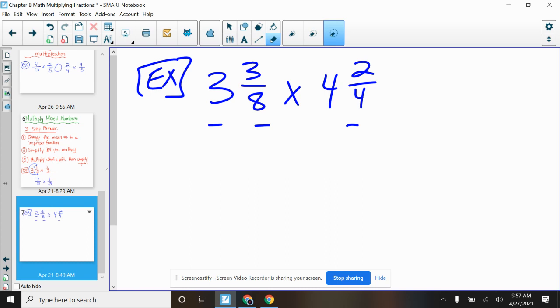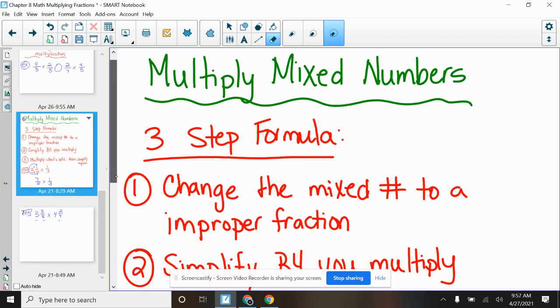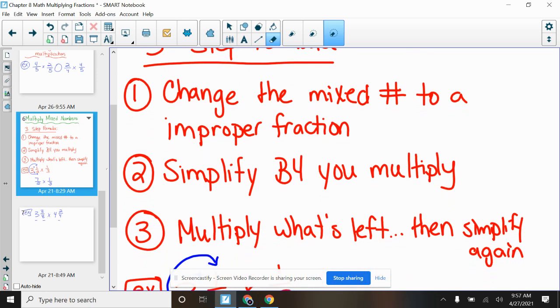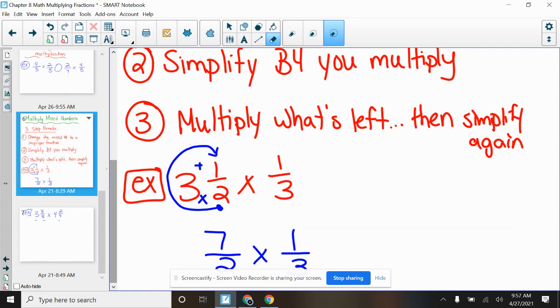So as you can see on this little page right here, step 1 says to change the mixed number to an improper fraction. Well, we got to make sure that we remember how to do that. So if we look down here at our problem below, we notice that we have a mixed number that is 3 1/2. And that's where I told you it's that backwards C. You start down here at the bottom and you cruise your way towards the top.